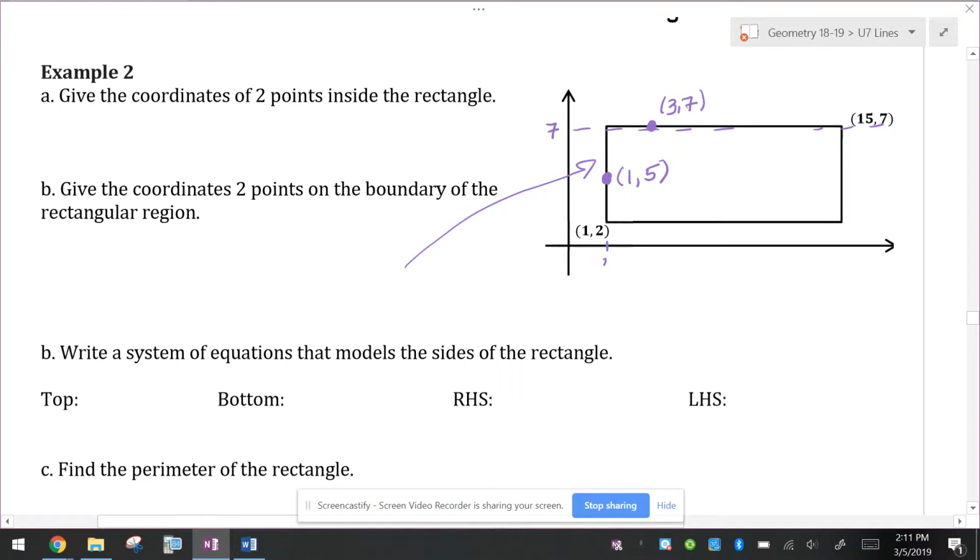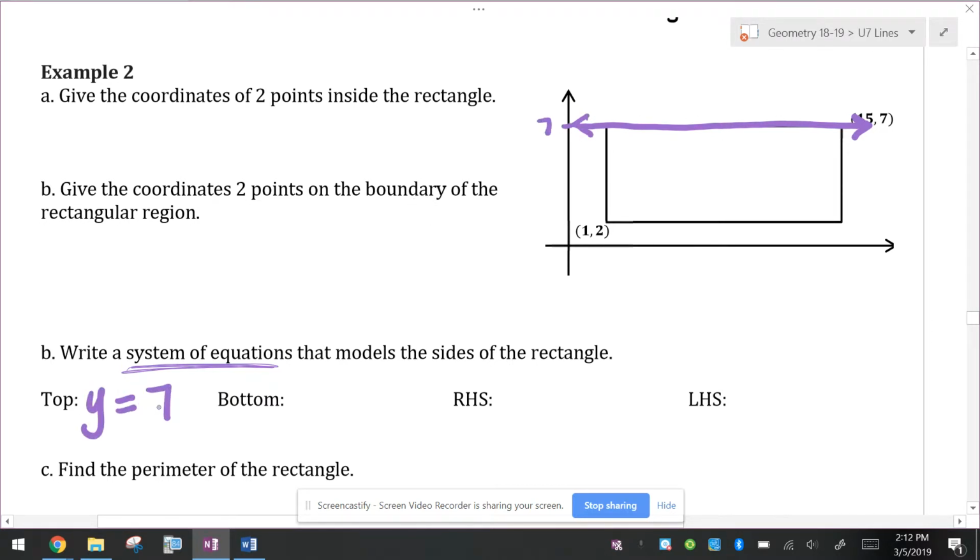Okay? So then what we're really going to do with this is take all those ideas and say, well, what if I had to take the picture and then write a system of equations that models it? So if I want the top, make this a little bit thicker here. The top is this purple thing, and that passes through y equals 7.